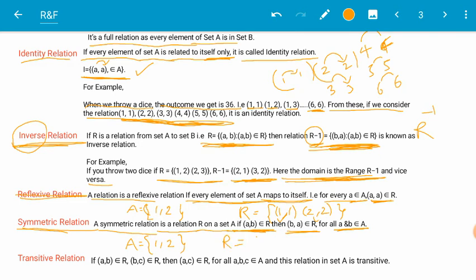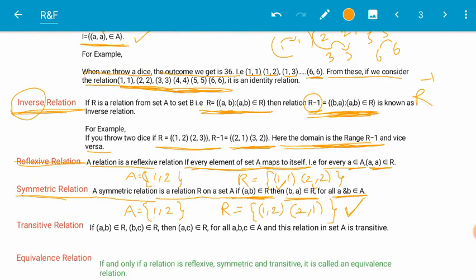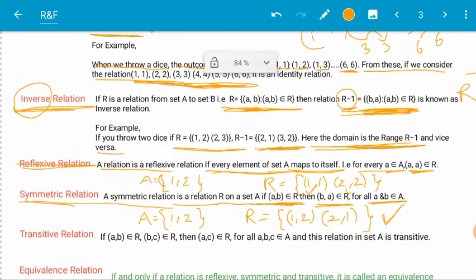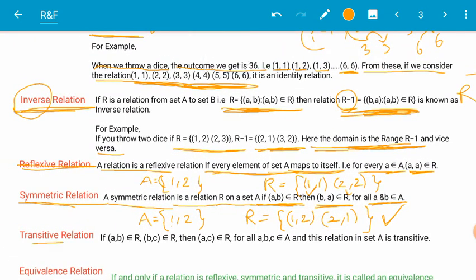Then R should contain (1, 2); if (1, 2) is there, then (2, 1) must also be there. If it is like this, we can call it a symmetric relation.